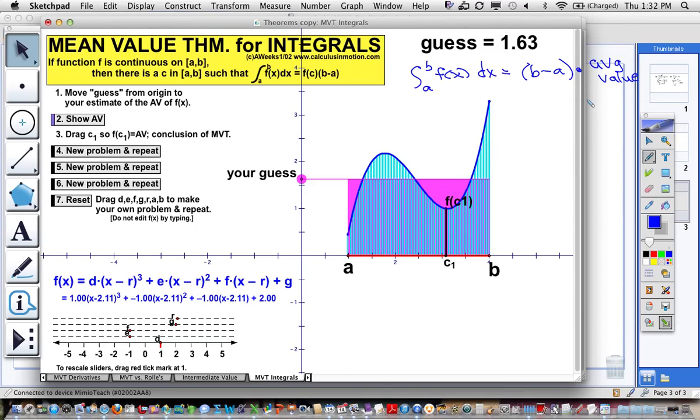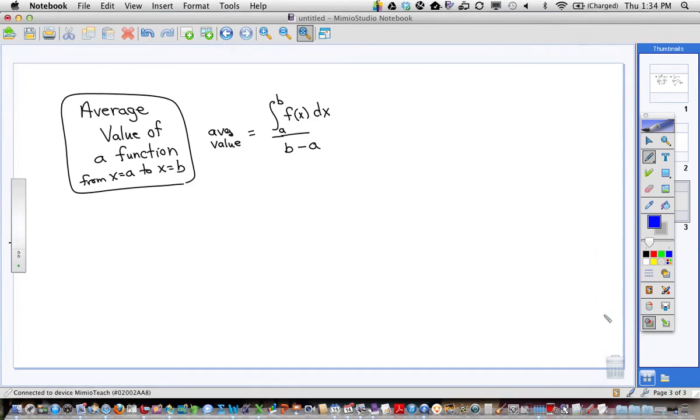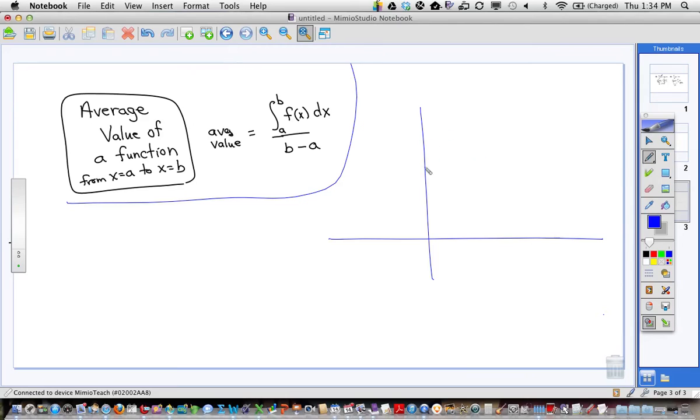If a problem says find the average value of the function, or what's the average of this, go to this formula right here. The last comment I would make is that they give you a problem where they talk about car talk, and we have to go back to what we've discussed with velocity.